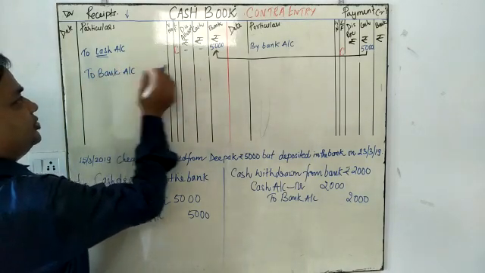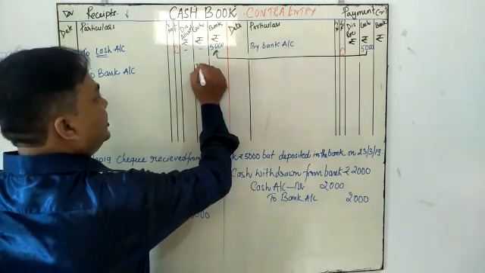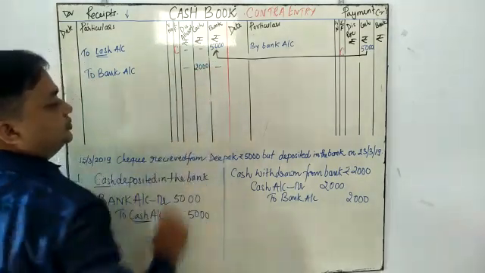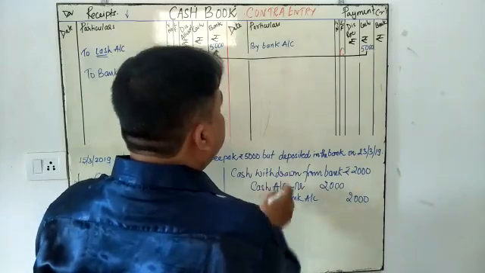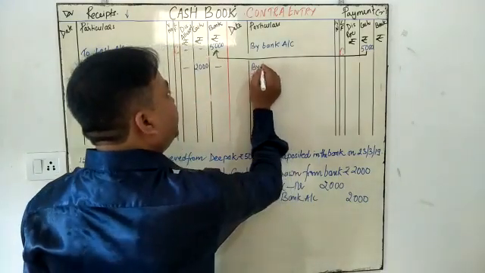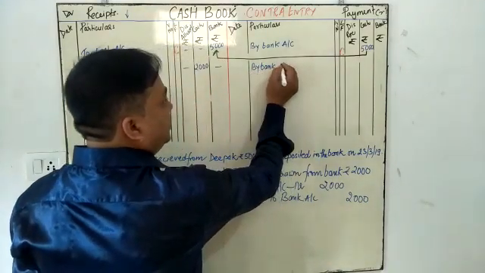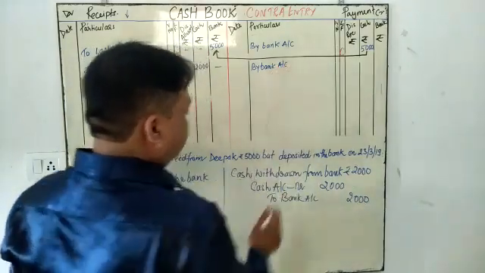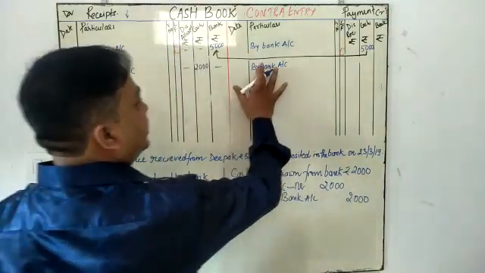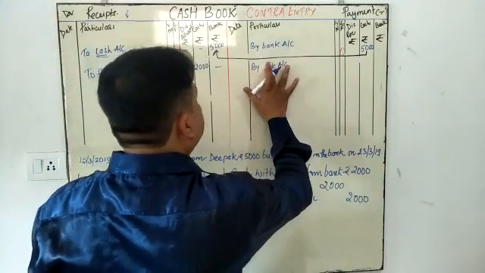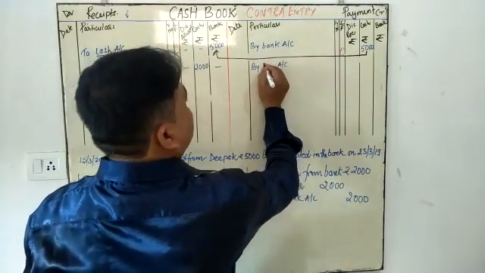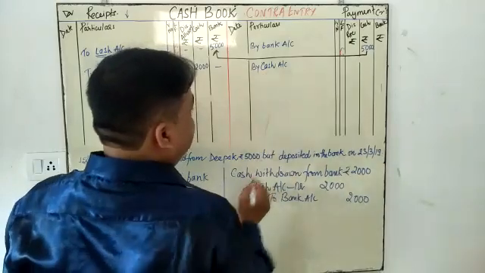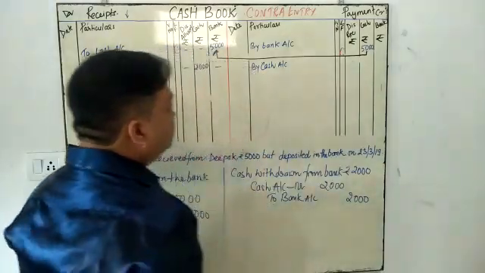It is the reason by which your cash is going to increase, 2,000 in the cash column. Now bank is on the credit side. You write down by bank. No, you will not write by bank. You will write by cash. Okay, by cash account, in which column?